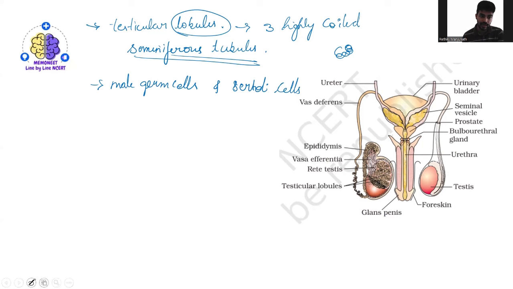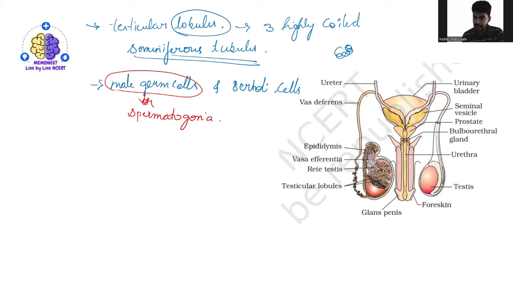The male germ cells are also called spermatogonia.